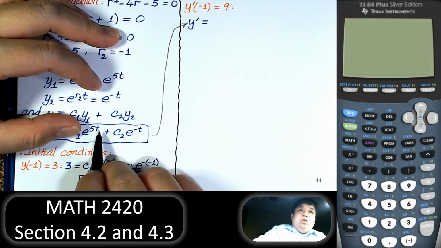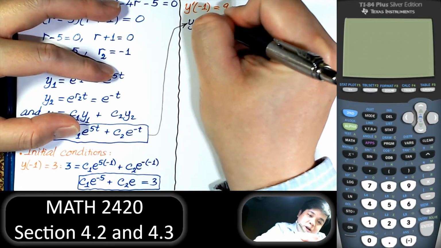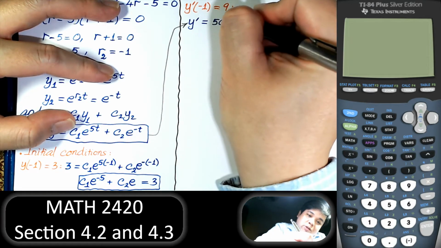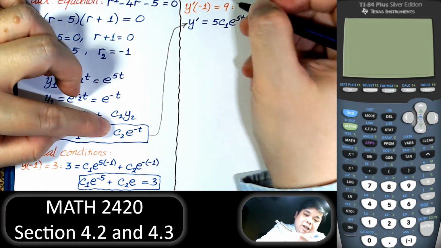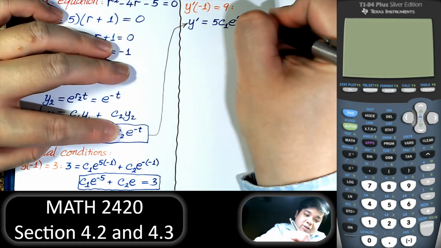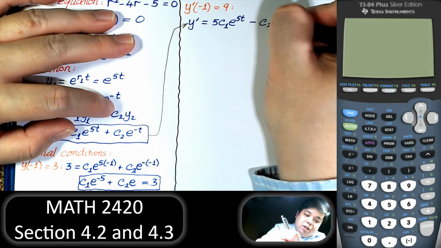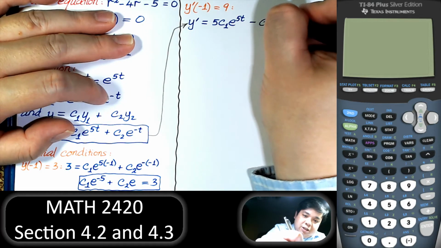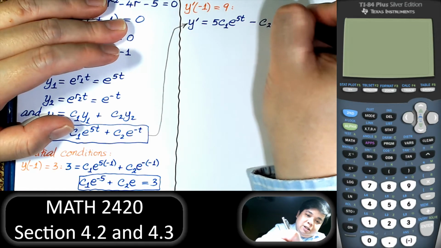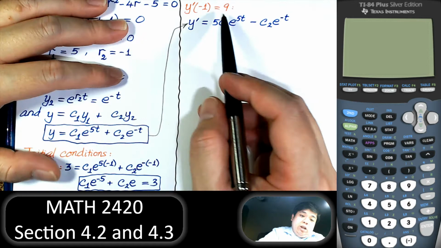The derivative of e to the 5t is 5 e to the 5t, so it's going to be 5c1 e to the 5t, and the derivative of e to -t is -e to the -t, so this one gives us -c2 e to -t. We take the derivative first. Now we put in the numbers.